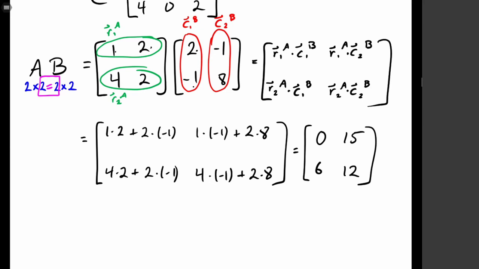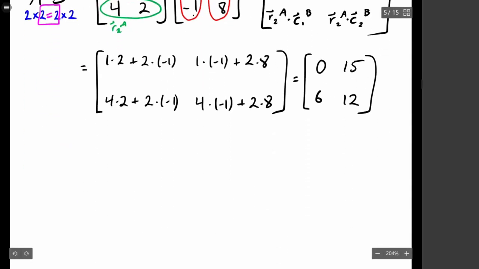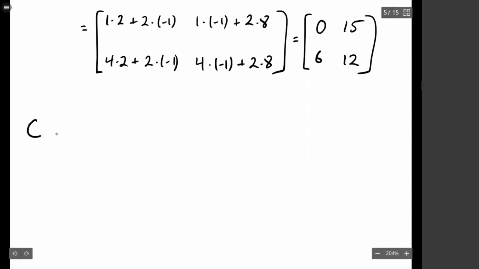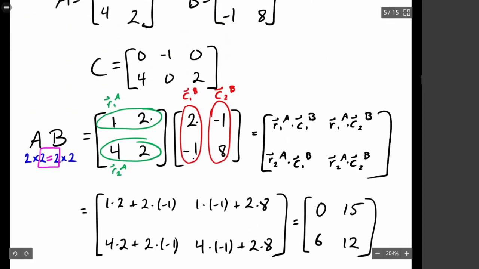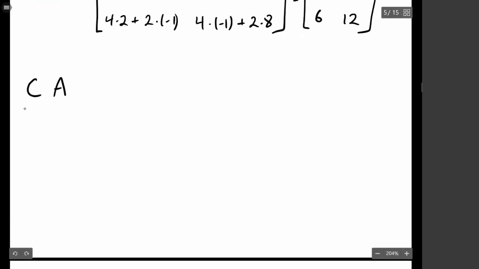Okay. Let's look at another product here. Let's do C times A. Does C times A make sense? C, the size of this is 2 rows by 3 columns. So this is 2 by 3. A is a 2 by 2. So here, these two numbers are not equal, so this is not defined.